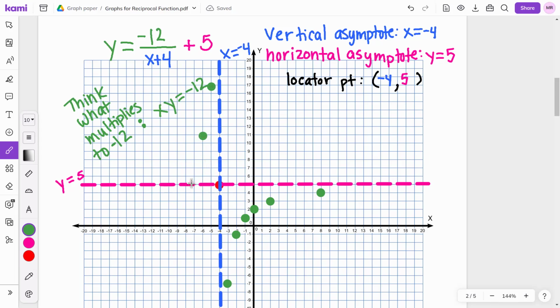I'm going to go -3 away and then up 4. 1, 2, 3, 4. -4, and then 3. So -12, 1. And then I'm going to connect these.